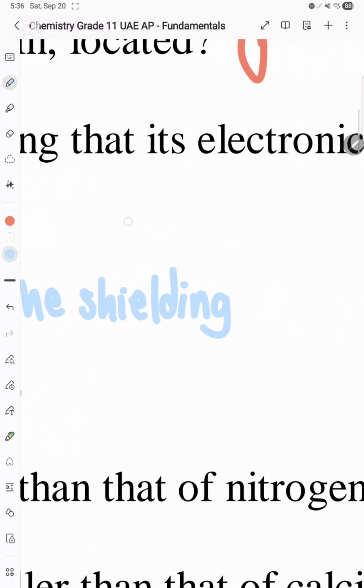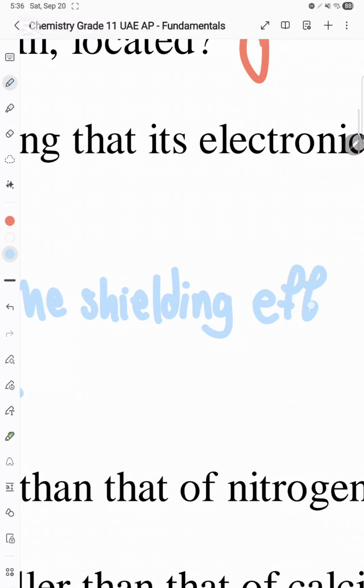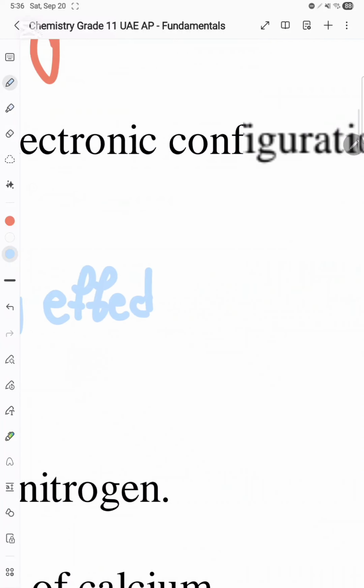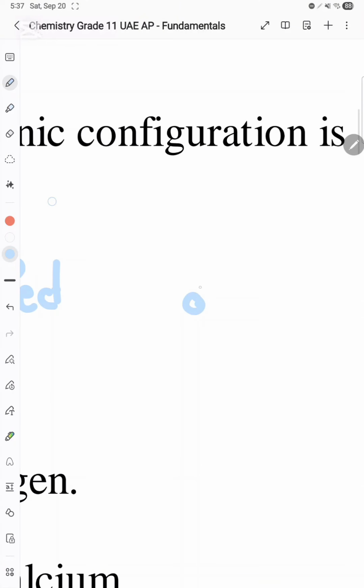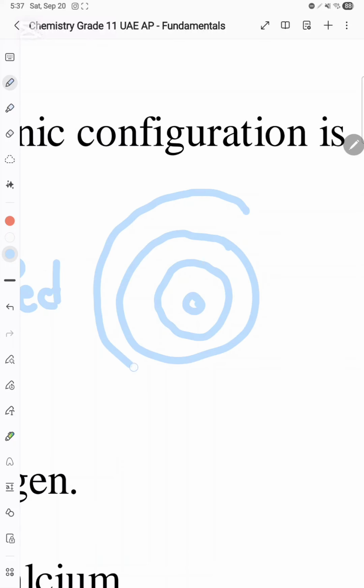So when you have the nucleus, these shells, the energy levels, make a shield for the nucleus. The more energy levels you have, the higher the shielding effect. So that's the shielding effect.